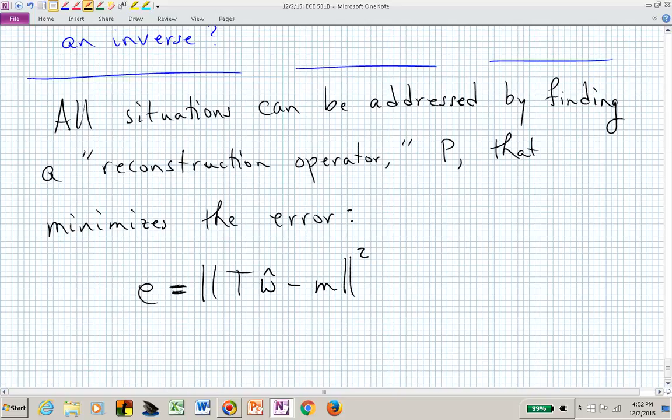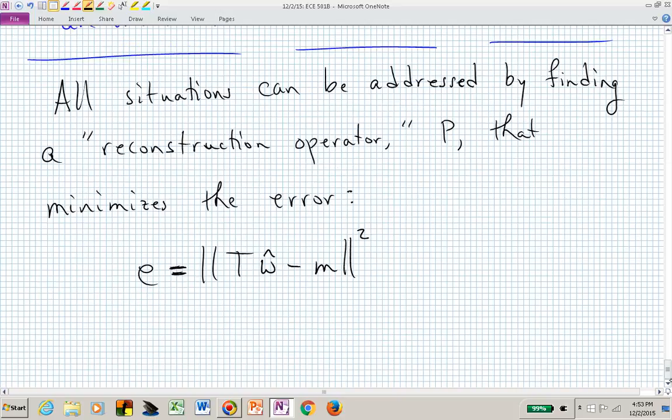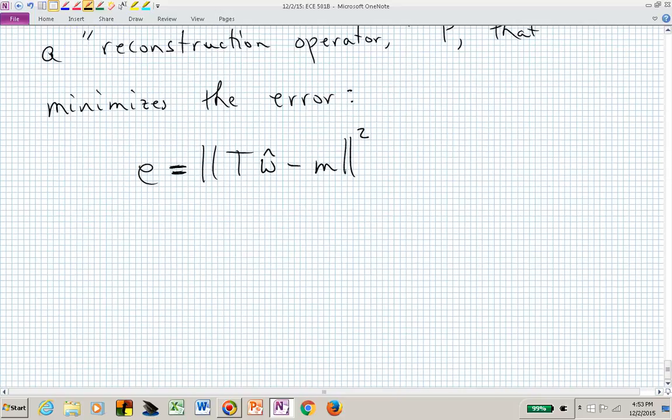So we're creating an error which is just the norm squared of the difference between T W hat and M. W hat is our best estimate, M is our measurement, and T is our linear map. And what's inside that norm is obviously a vector. We're boiling that down to a scalar.